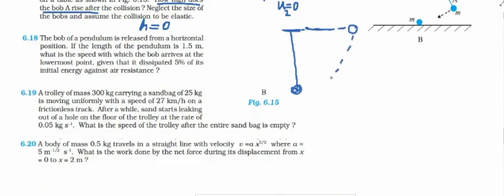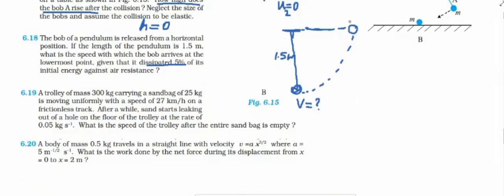From there, it is released. And length of the pendulum is 1.5 meter. That means this vertical height is 1.5 meter. What is the speed with which the bob arrives at the lowermost point, provided 5% of its initial energy is lost? So what is the velocity of the bob at the lowermost point?